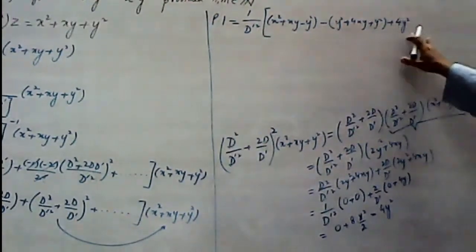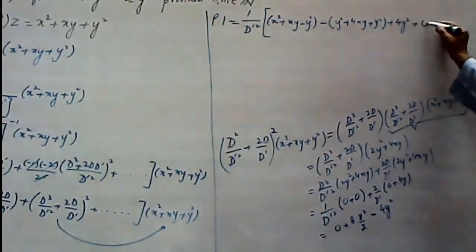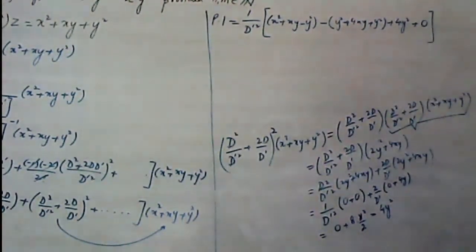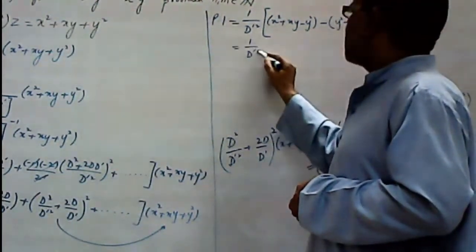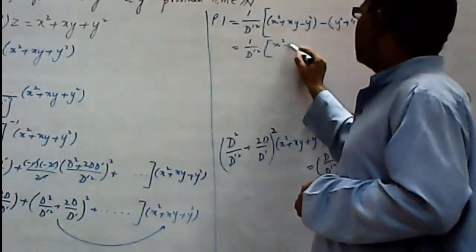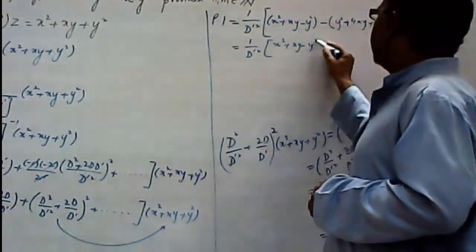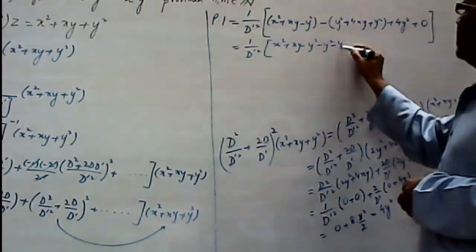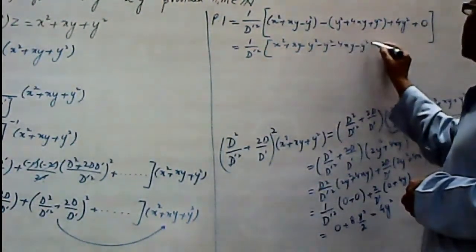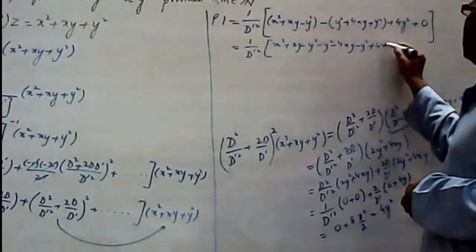And since there is no x involved in this term, the next term will automatically be 0. It means now we have 1 upon d dash square times x square plus xy minus y square minus y square minus 4xy minus y square plus 4y square.